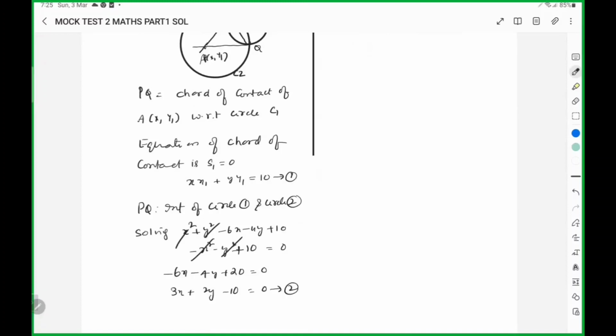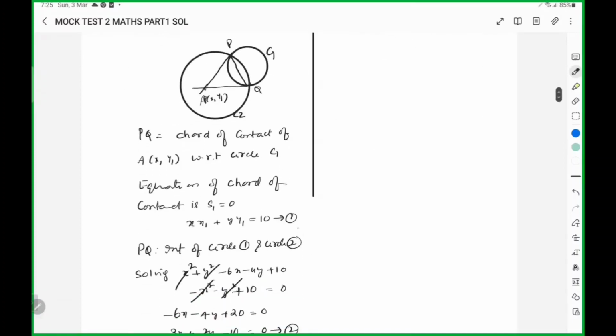Say this is equation 1, so 1 and 2 represent the same line.